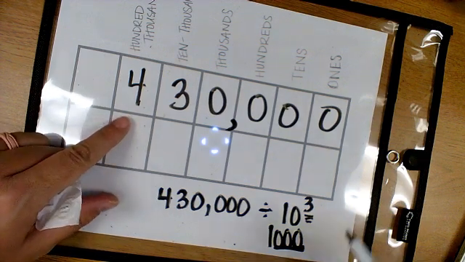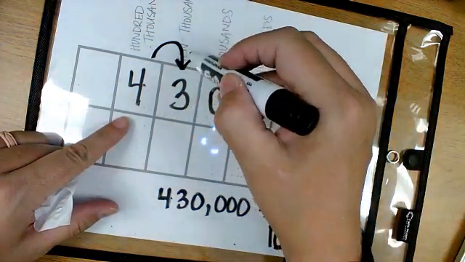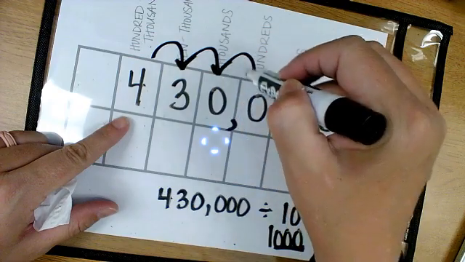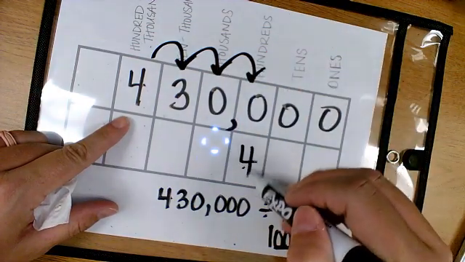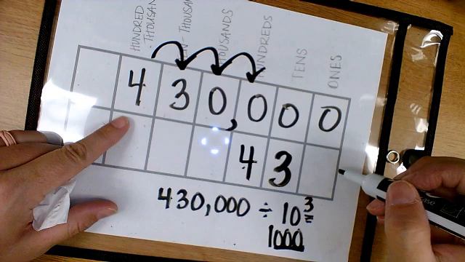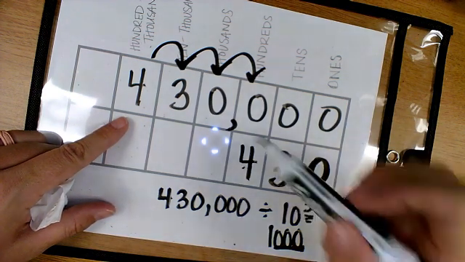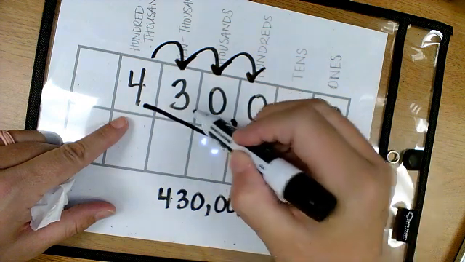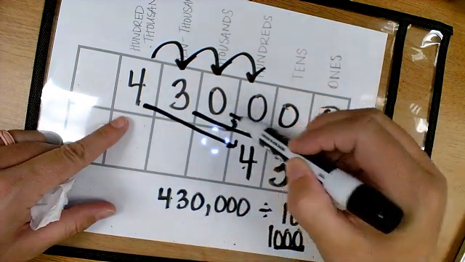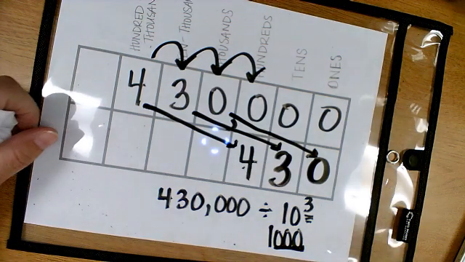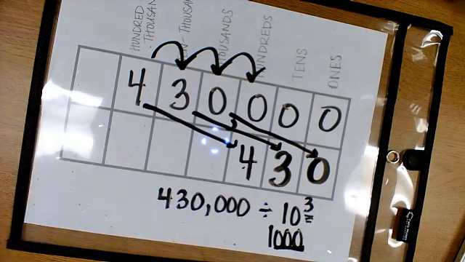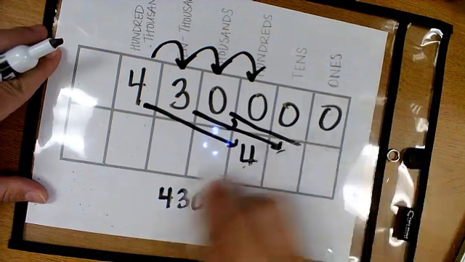I'm going to jump once, twice, 3 times. So my 4 needs to go here, and then my 3 and 0 fill in. So again, I've gone 3 jumps with each digit. So 430,000 divided by 10 to the third power is 430.